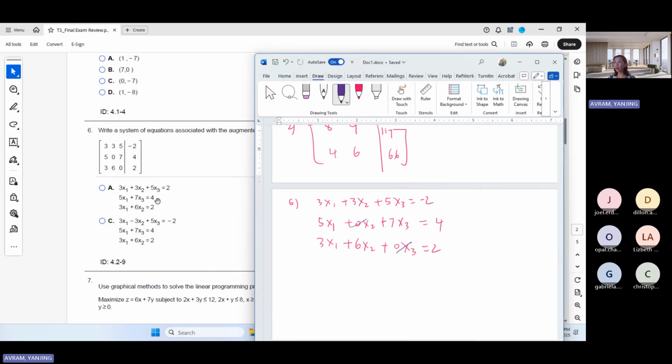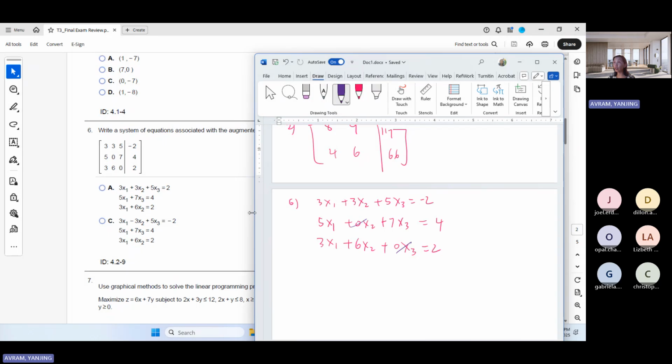So if you look at this one right here, there's a 3, 3, 5, and then this is 5, 7, 4. So you can see the first one, you have to be very careful. The first one is missing the -2 in here. This is to be -2, and this one is +2.